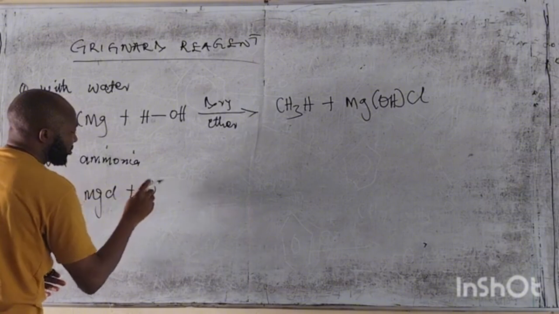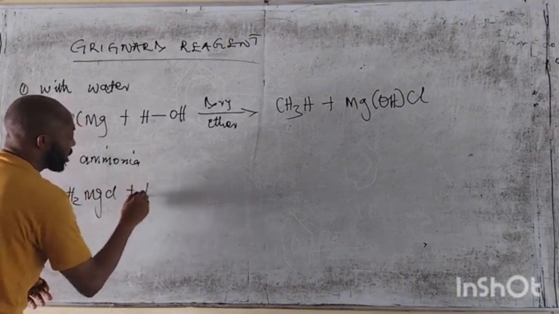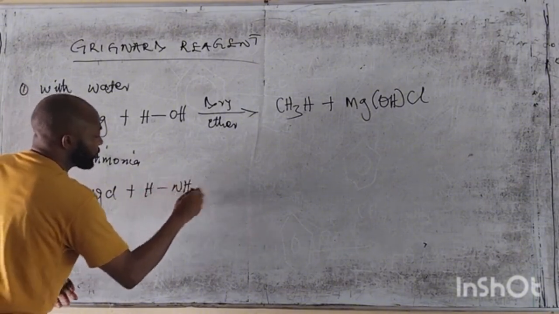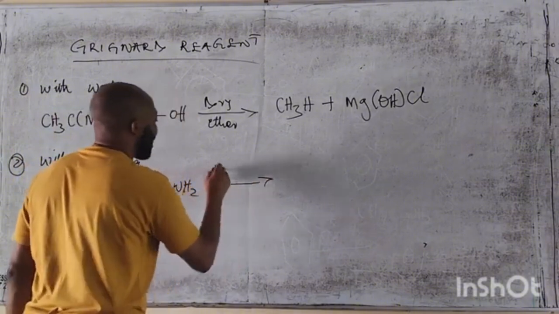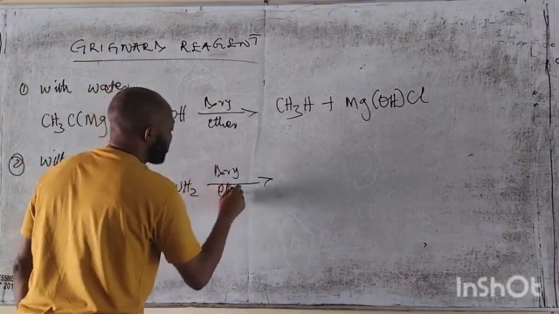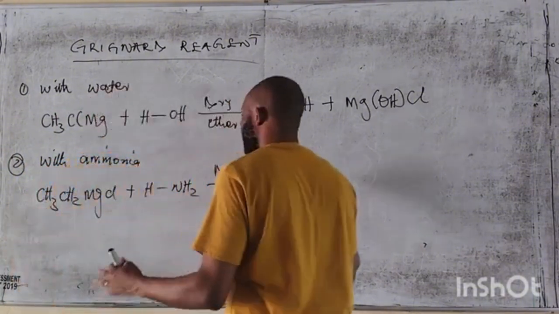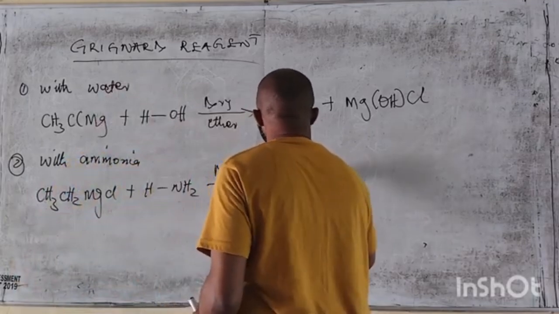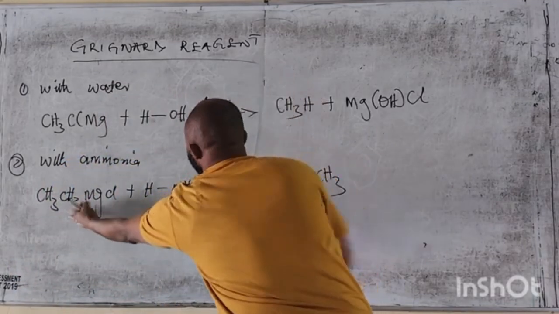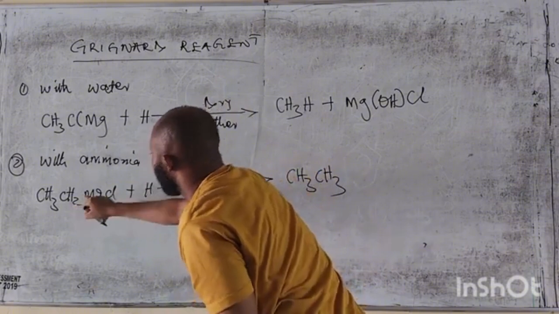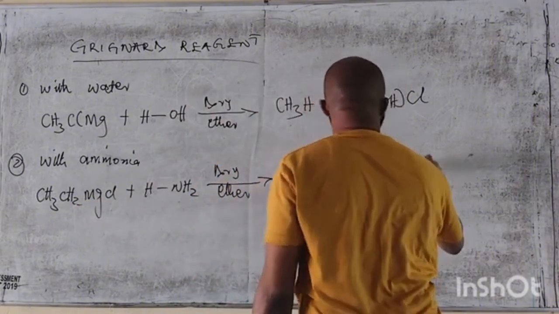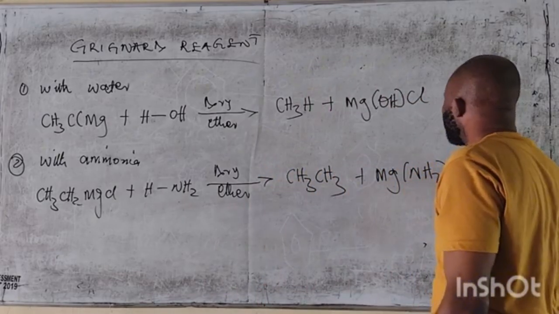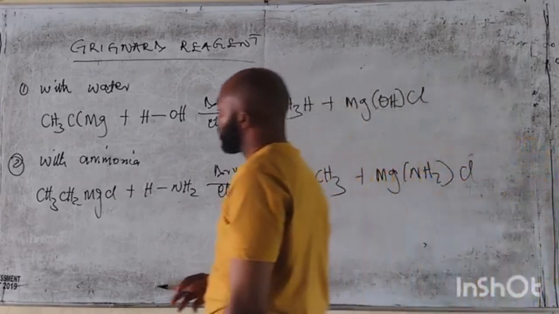With my N, let me put it this way, NH2. This is ammonia, which is NH3. If I take this and add it, it becomes that. In the presence of dry ether, I will have CH3CH3, as these two take one of it. Now I'm left with magnesium NH2Cl. That is with ammonia.